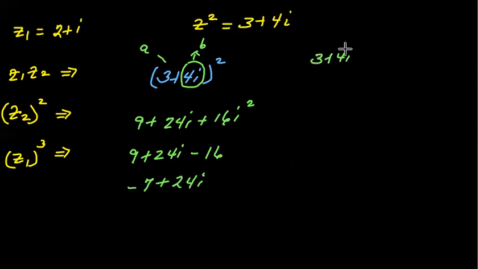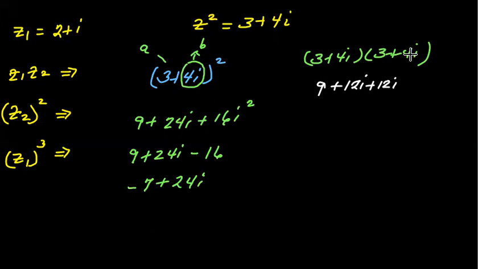(3 plus 4i) multiplied by (3 plus 4i). All right, so we're going to do this the long way. So 3 times 3 is 9. 3 times 4i is 12i. 4i times 3 is 12i.